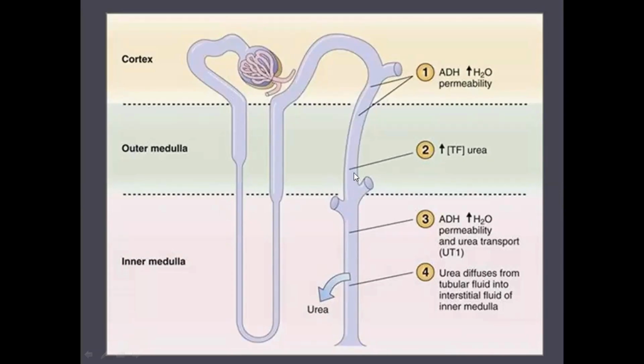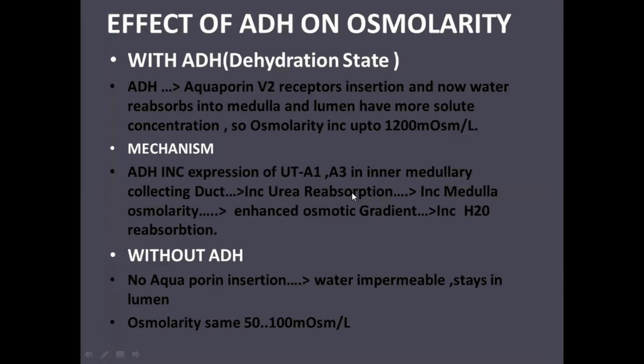When the water in the lumen sees that in the medullary interstitium there is more osmolarity, your water, which is impermeable in the absence of ADH, will now move into the interstitium and get reabsorbed, and the osmolarity keeps increasing within the lumen because water is lost and solute is still present in your lumen. So urea increases your osmotic gradient, which increases your H2O reabsorption.